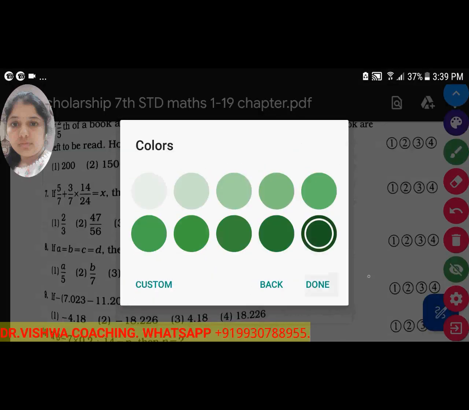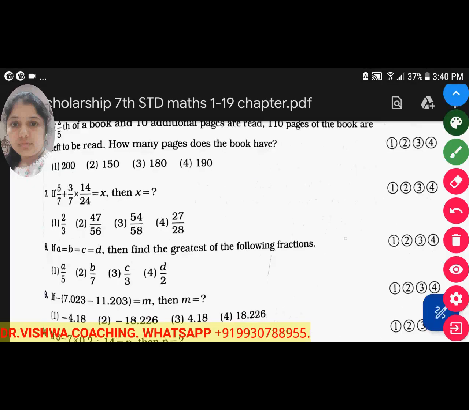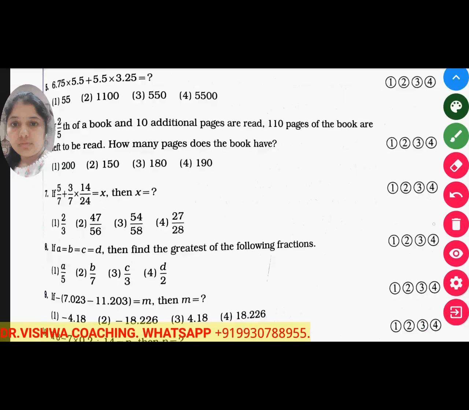Now the given terms are 5 by 7 plus 3 by 7 into 14 upon 24 is equal to x.